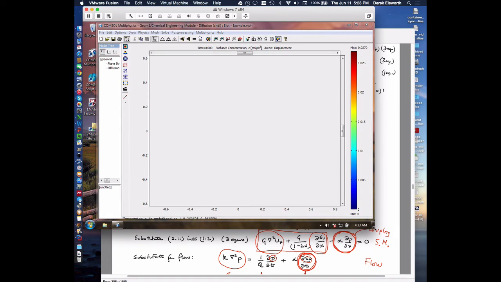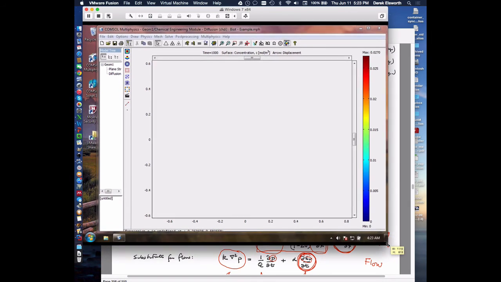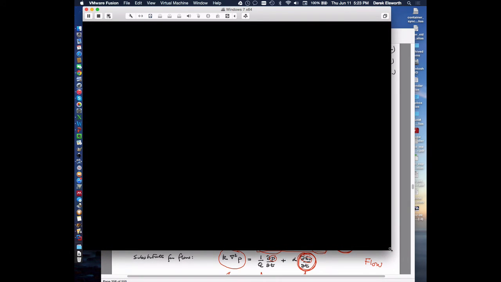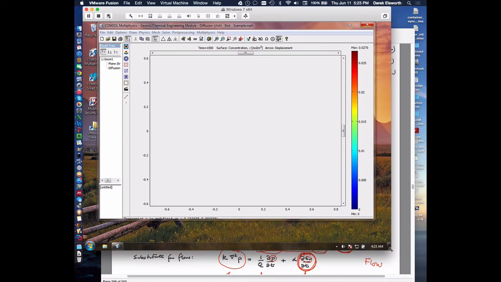Slightly truncated. Now it's thinking. And so what we'd like to do is be able to get this part that defines the response of the flow system.